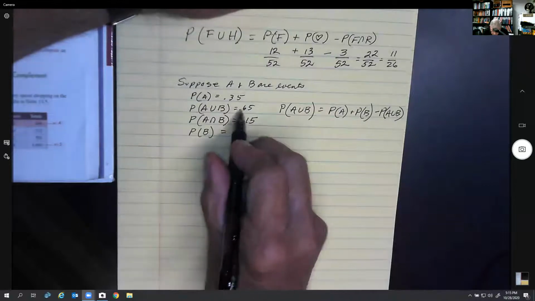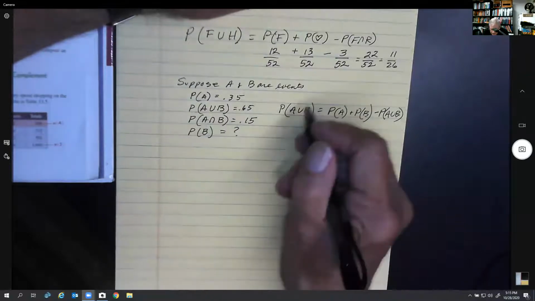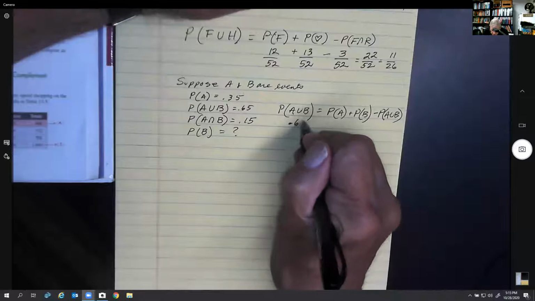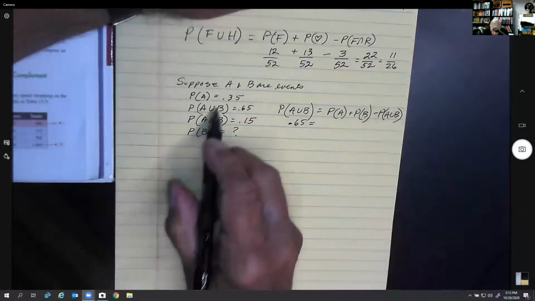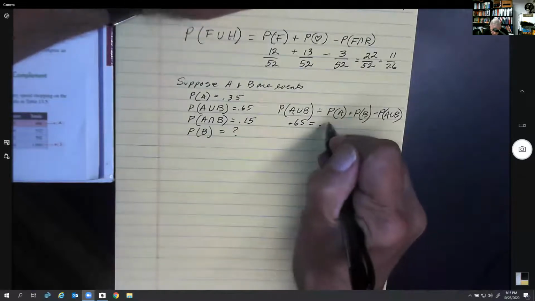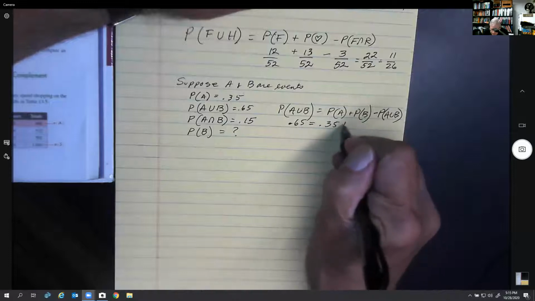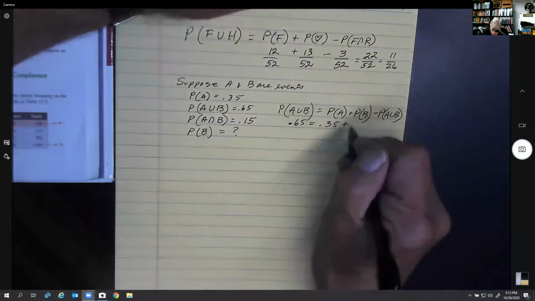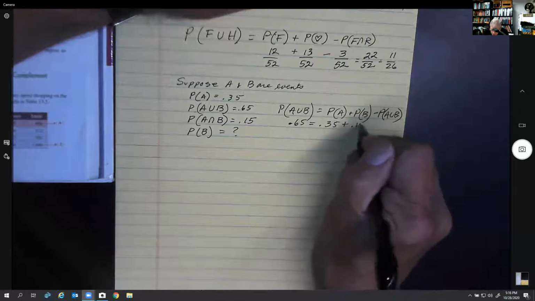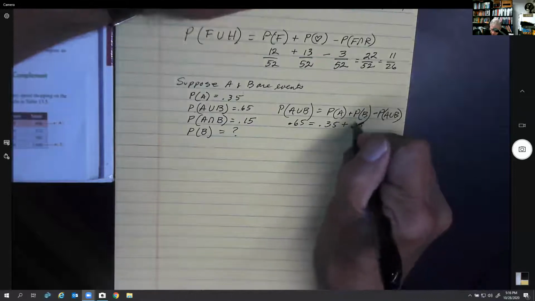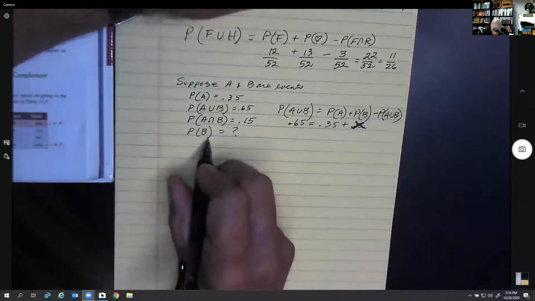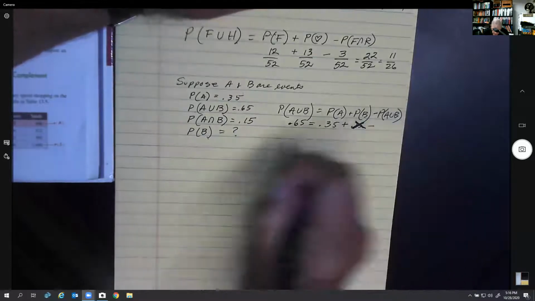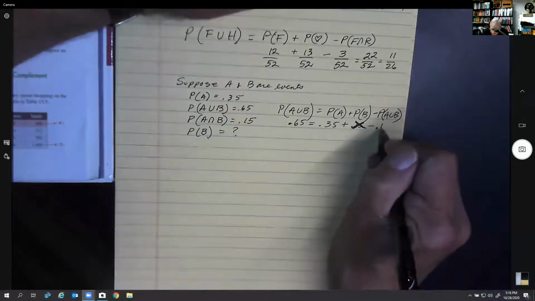The probability of A union B is 0.65. The probability of A is 0.35. Plus the probability of B, which is what we don't know, so let's put an X there. The probability of the intersection is 0.15.